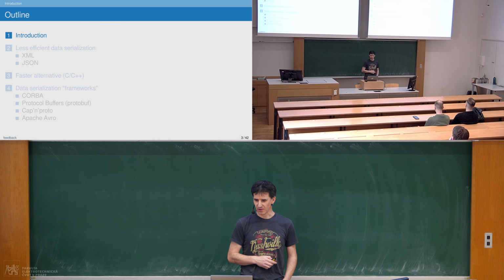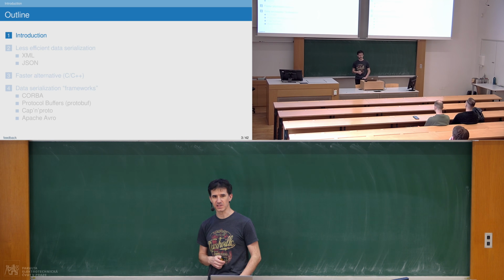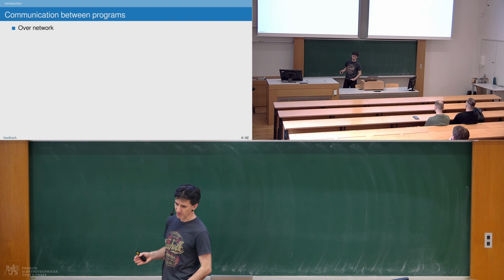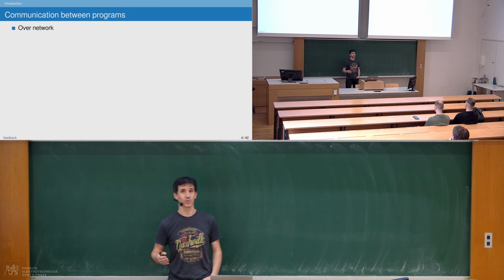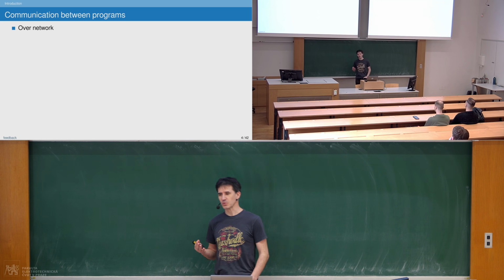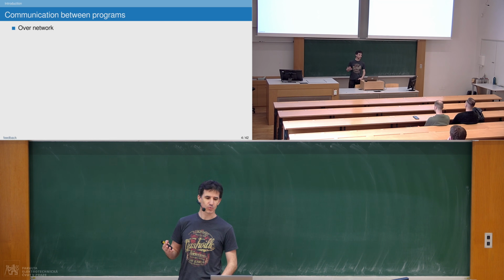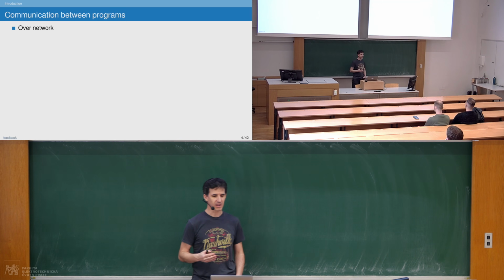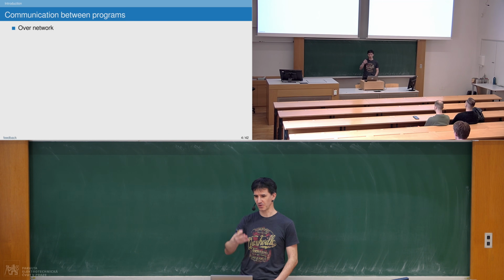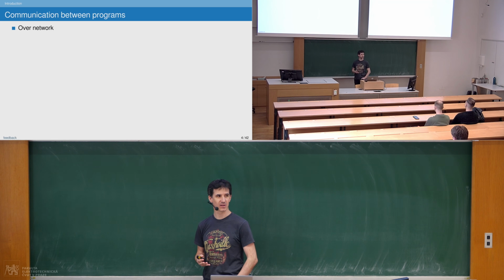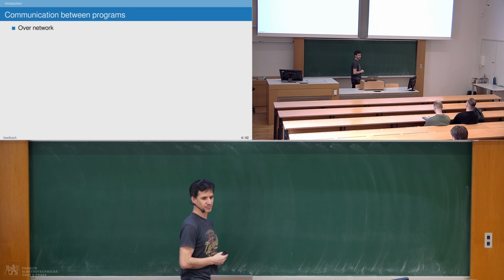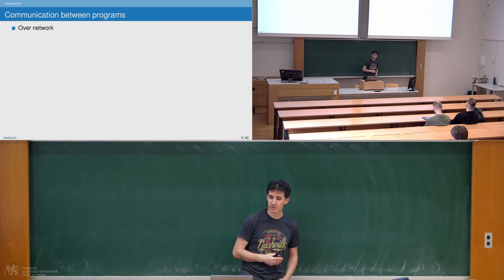So let's start directly with the introduction. So we have programs, and you want the programs to communicate. There are actually two ways how the programs can communicate. If the programs are running on different hosts, like it's typically the case in cloud-based settings, the programs need to communicate over the network.